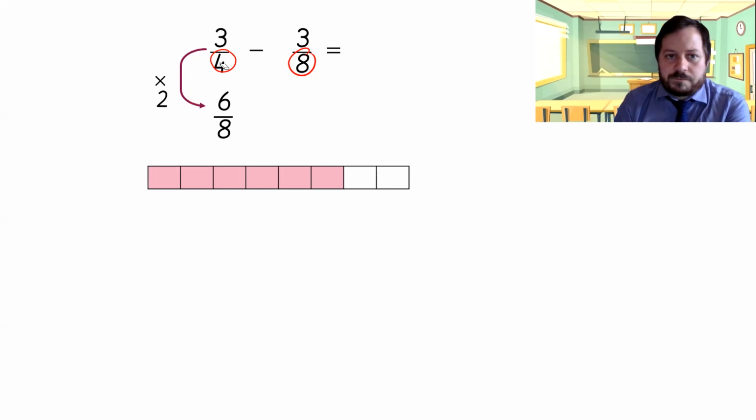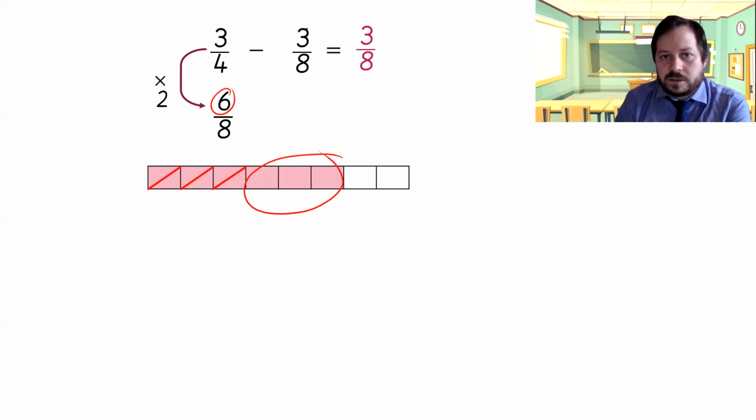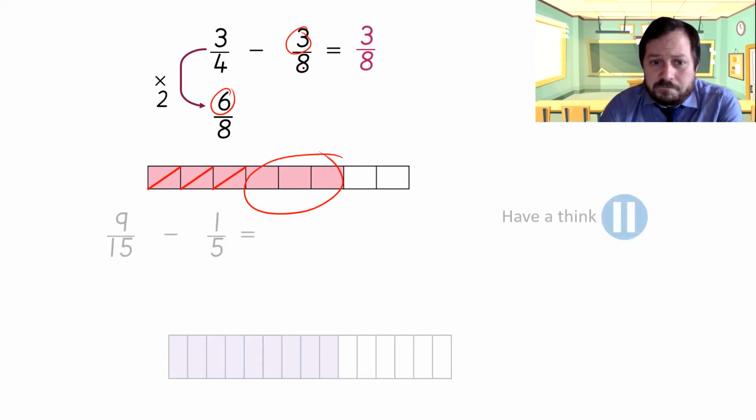Then we can just subtract the 3/8 from that. 1, 2, 3. And our answer becomes 3/8 that we're left with, which are these 3/8 here. 6 minus 3 equals 3. Okay. So same rules, you see, exactly the same as addition.